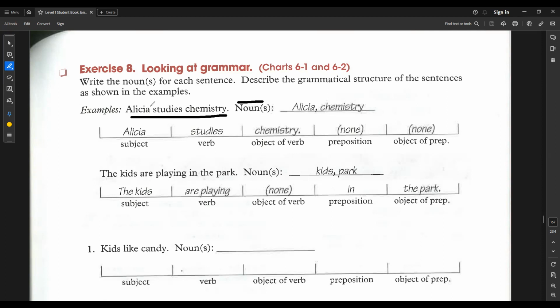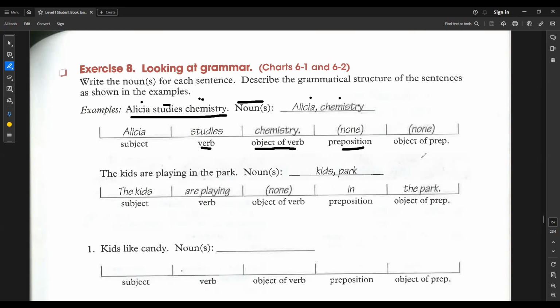So we have Alicia studies chemistry, 2 nouns, Alicia chemistry right here, and then we have to organize them, right? So Alicia is the subject, studies is the verb, chemistry is the object of the verb, right?